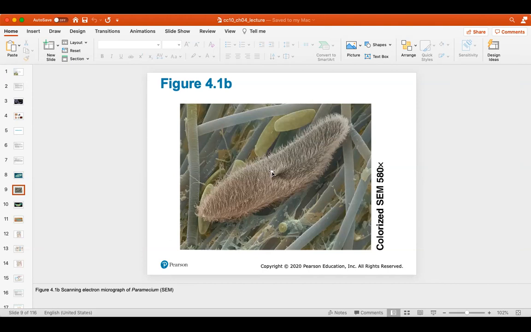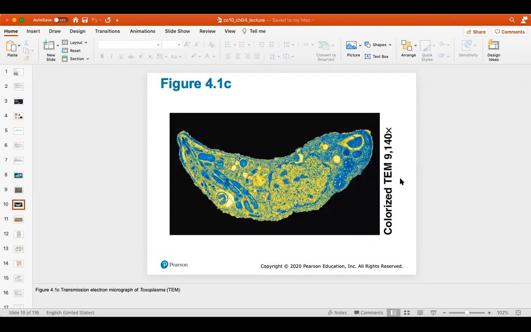We do not have these in lab, but the SEM microscope is another great scientific advance for viewing organisms on a cellular level. And this is the most zoomed in microscope, the transmission electron micrograph. So it sends out electrons through the specimen and they bounce back, and you're able to see even more detail within the specimen. So this is a transmission electron micrograph.